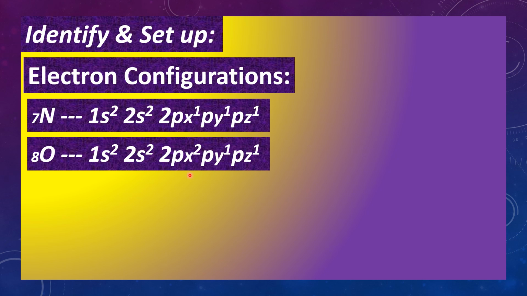So the 2s orbital of oxygen is fully filled with 2 electrons, of course, and of the three 2p orbitals, there is one p orbital that is completely filled with 2 electrons, and then the other p orbitals are half filled with 1 electron each.